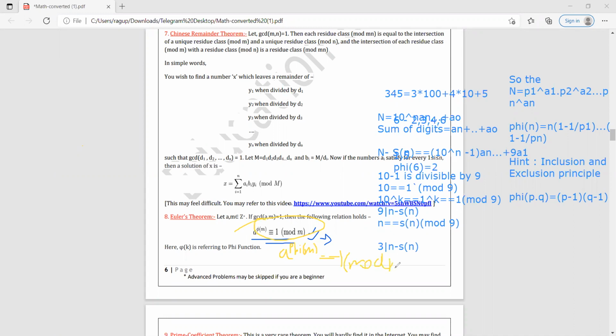For any number m, the condition is that GCD of a and m is 1. This is a very important condition. Don't forget it.